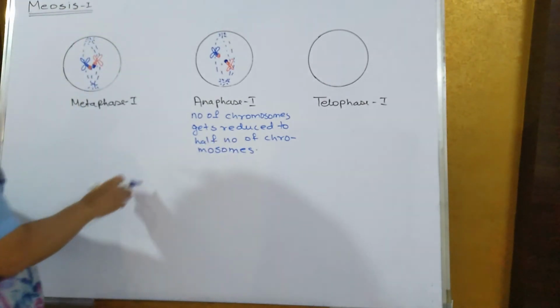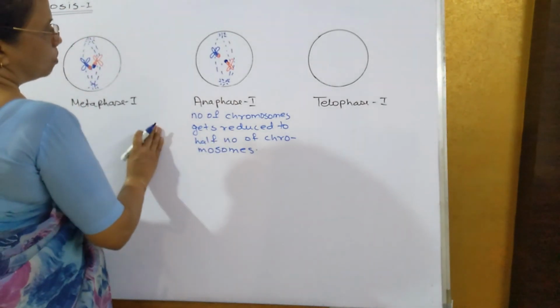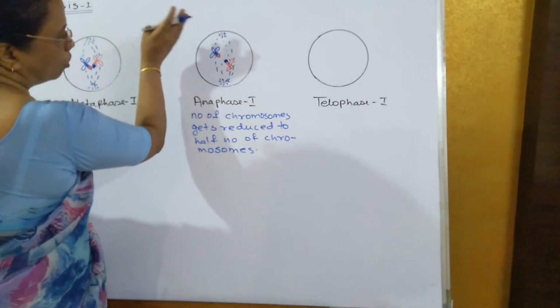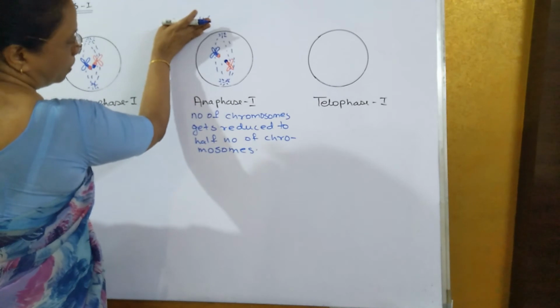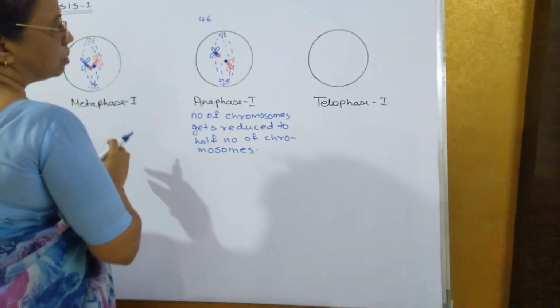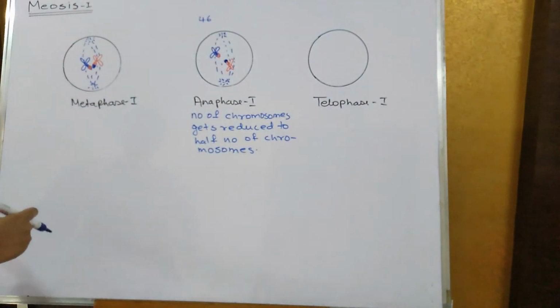So anaphase is very important because here the number of chromosomes gets reduced to half. For example, if there are 46 chromosomes, then 23 will go towards this pole and the other 23 will come towards this pole.